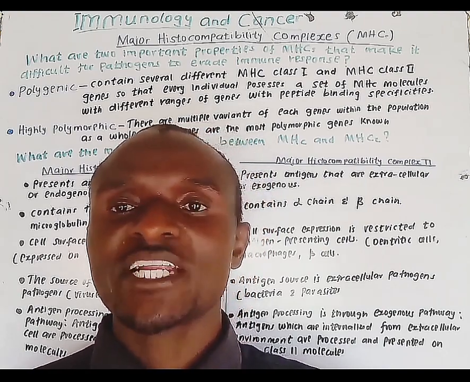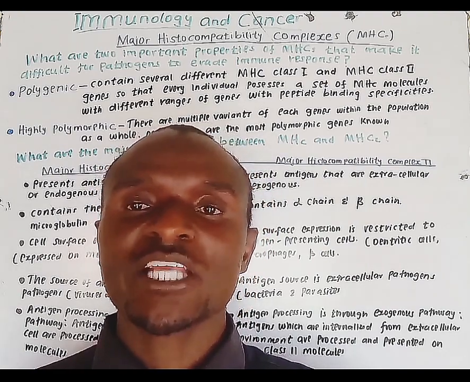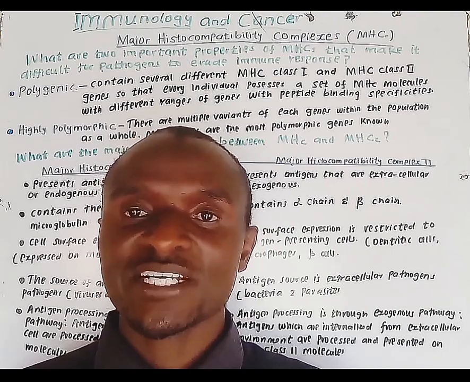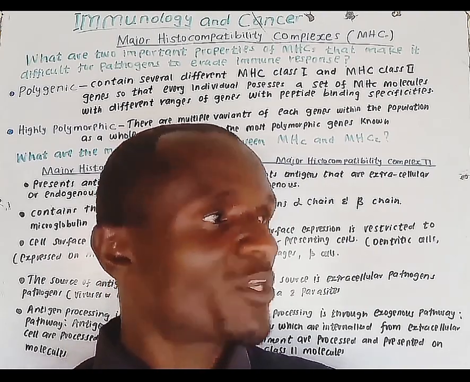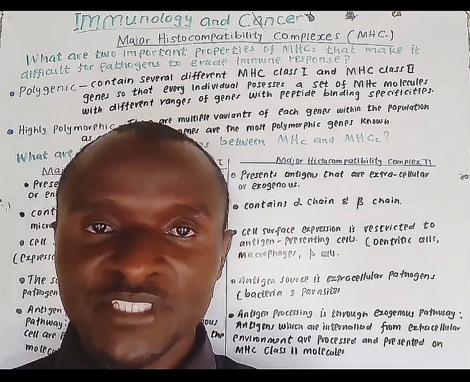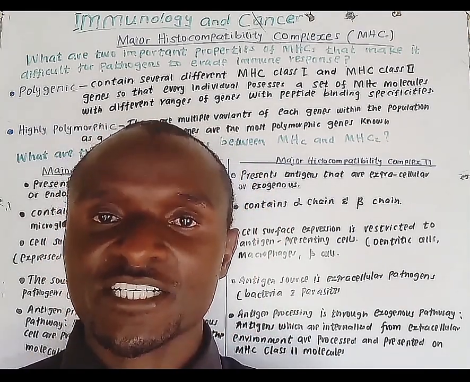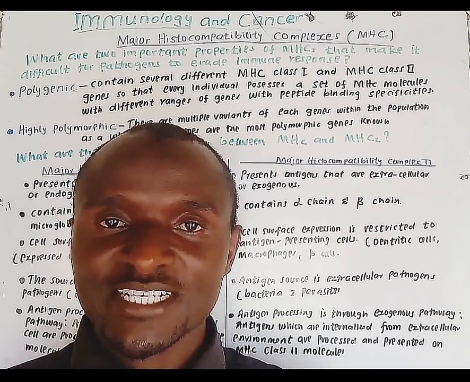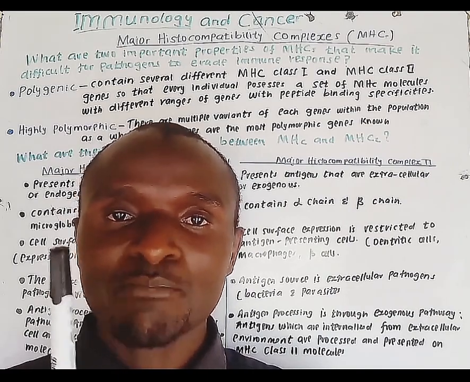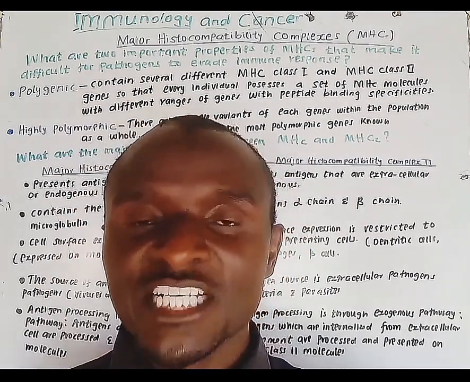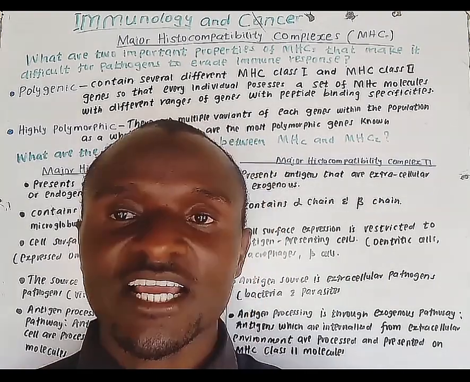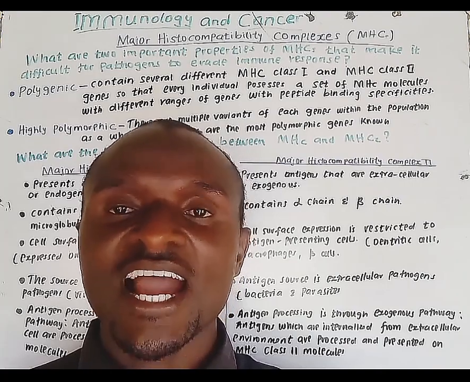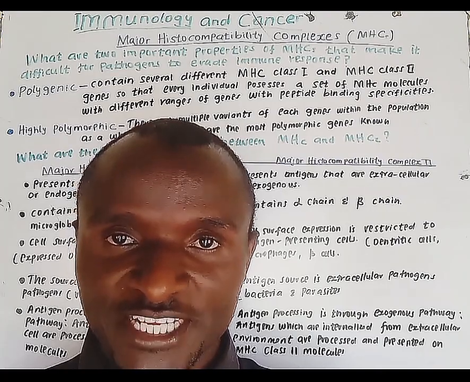This enables every individual who has MHC1 and MHC2 to have variant types of genes within the same species with peptide binding specificities. Another property is they are highly polymorphic. There are multiple variants of genes within the population as a whole. MHC genes are the most polymorphic genes ever known.